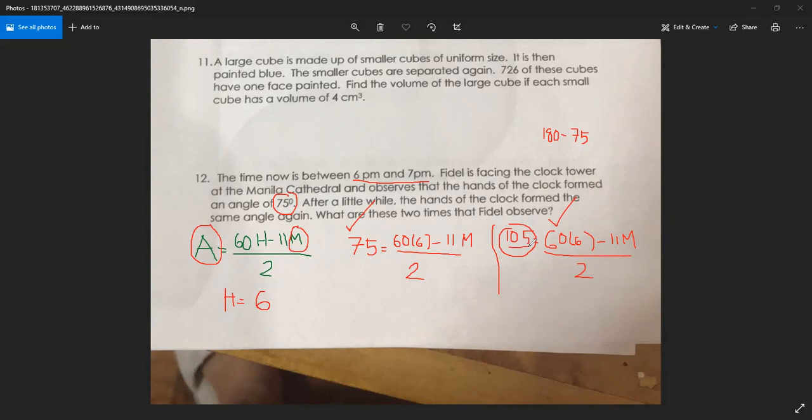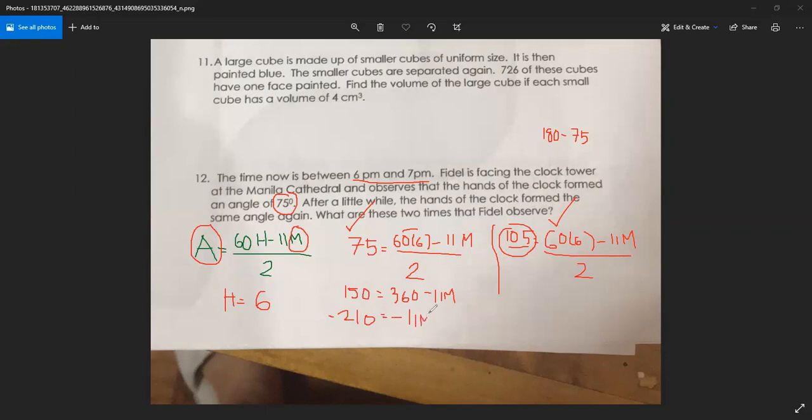Now, this one is easy to solve. Solving for this, we multiply 75 by 2, so this will become 150 equals 360, since 60 times 6 is 360, minus 11M. Then, this is algebra, 150 minus 360 is negative 210, so negative 210 is equal to negative 11M.